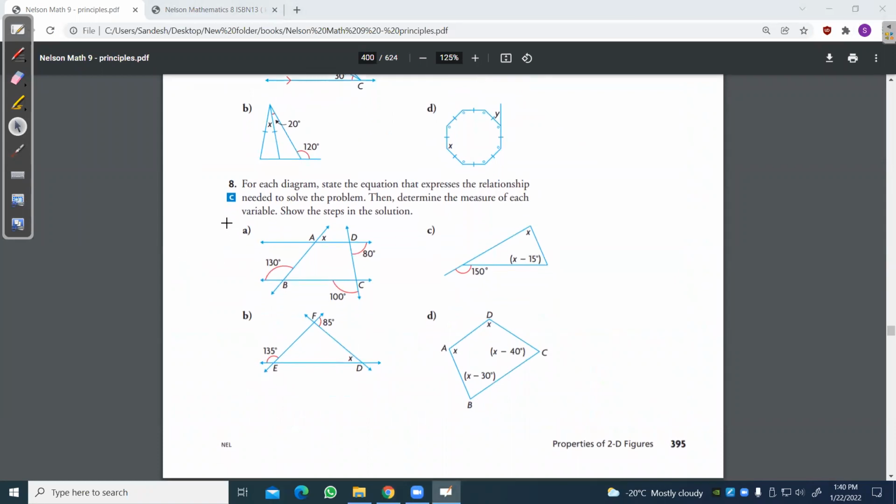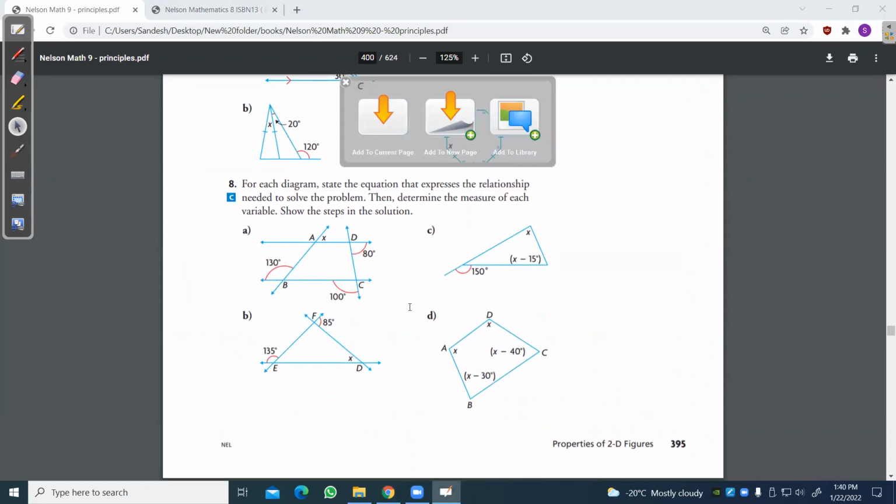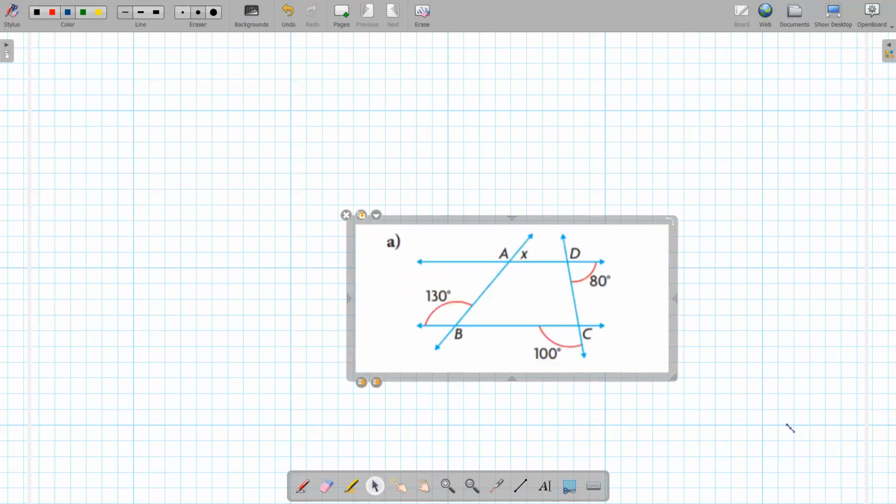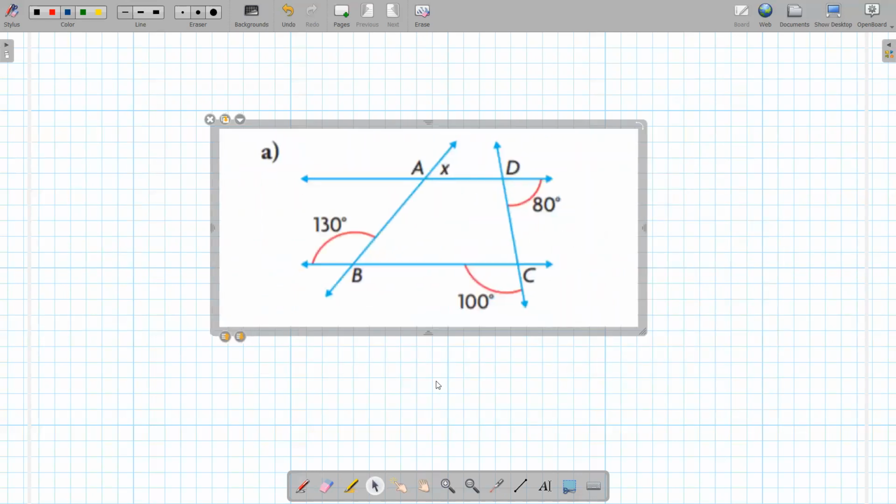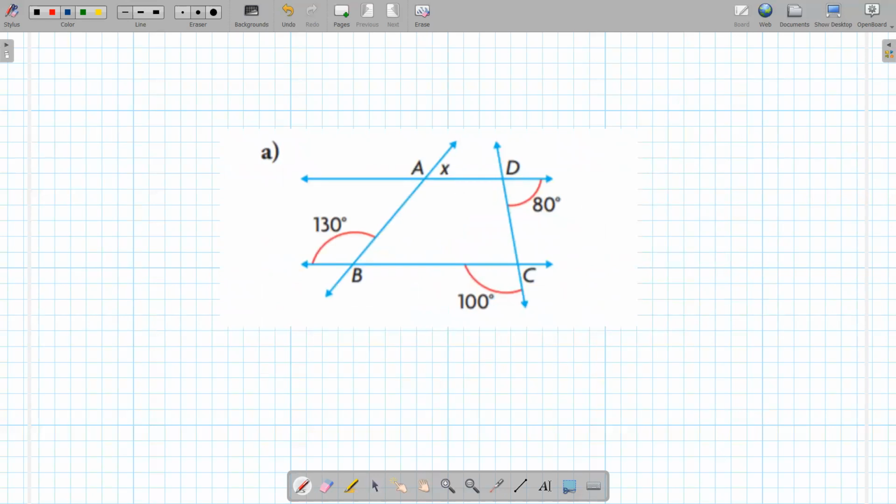Okay, let's do this one by one. Same idea here. Any ideas on how to do this?